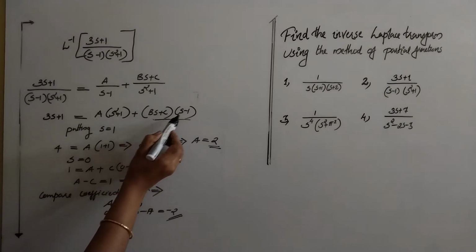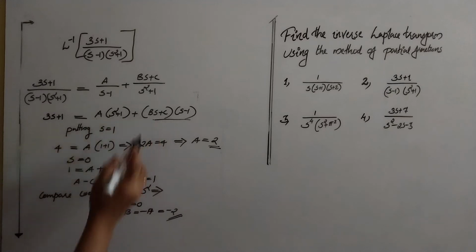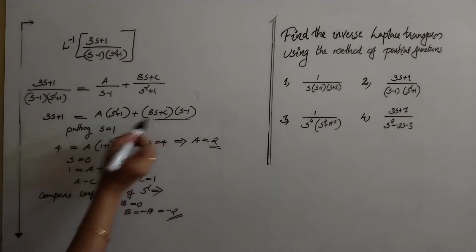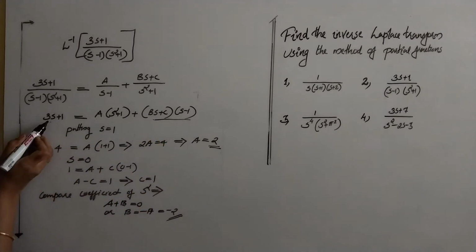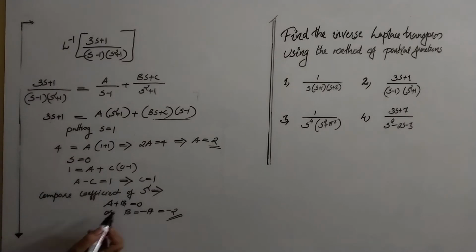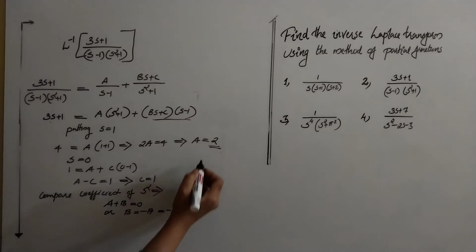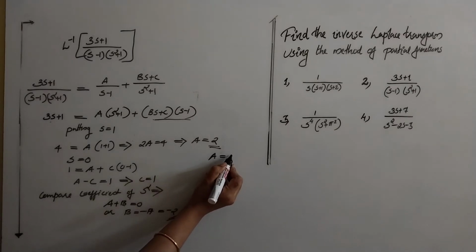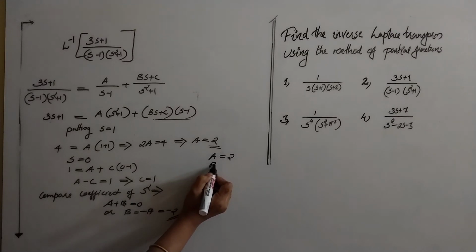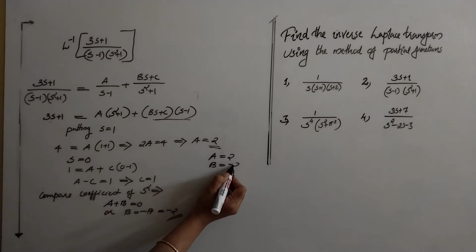Next term is a plus b is equal to 0. Here the coefficient of s square is 0 on LHS. So a plus b is equal to 0, b is equal to minus a, this implies minus 2. So the value of a is 2 and b is minus 2 and c is what? 1.